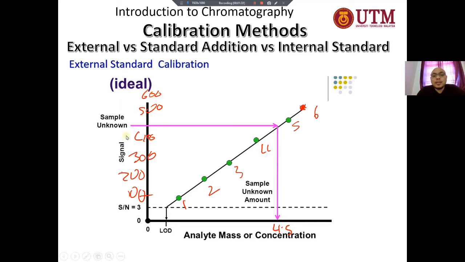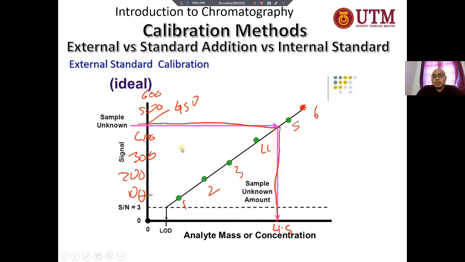So when you have the unknown sample and it shows a signal of 450, you draw along the line and go back to the concentration baseline here. It will show you the exact concentration of the unknown sample. That is how you can perform the external calibration method.